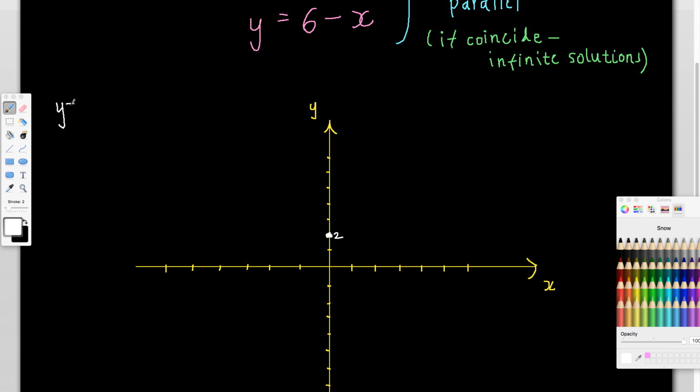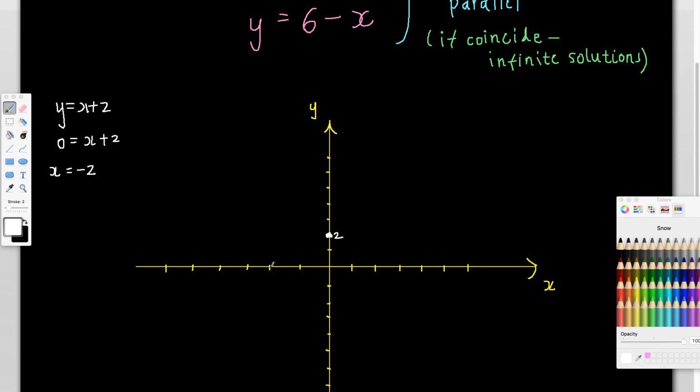To find where it passes through the x-axis, the x-intercept, I equate y to 0, and then x would be negative 2.